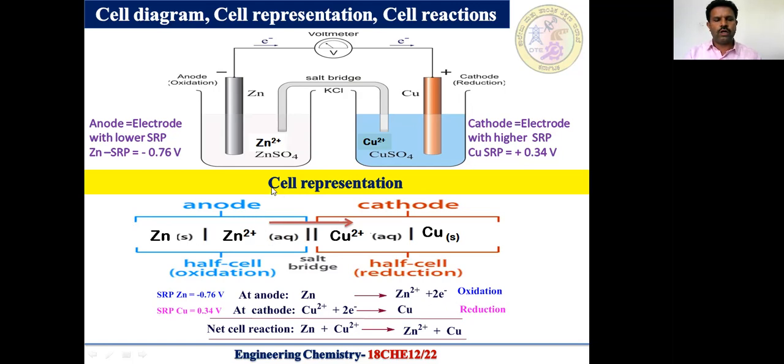According to IUPAC convention, anode should be written on the left side and cathode should be written on the right side, and anode and cathode are separated by salt bridge, that is by double vertical lines, and the metal and electrolyte solution are separated by a single vertical line, which indicates the phase boundary between the solid and the electrolyte solution.